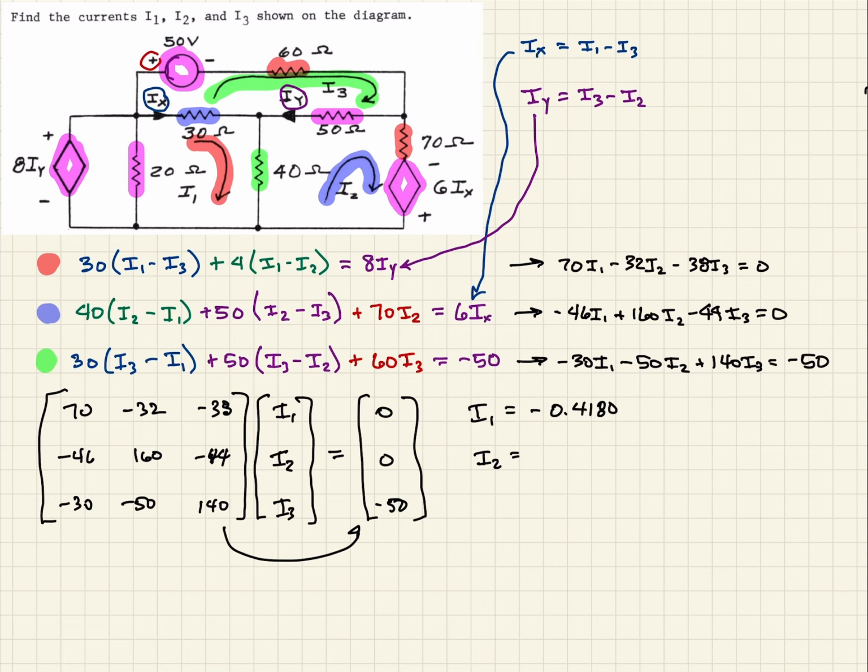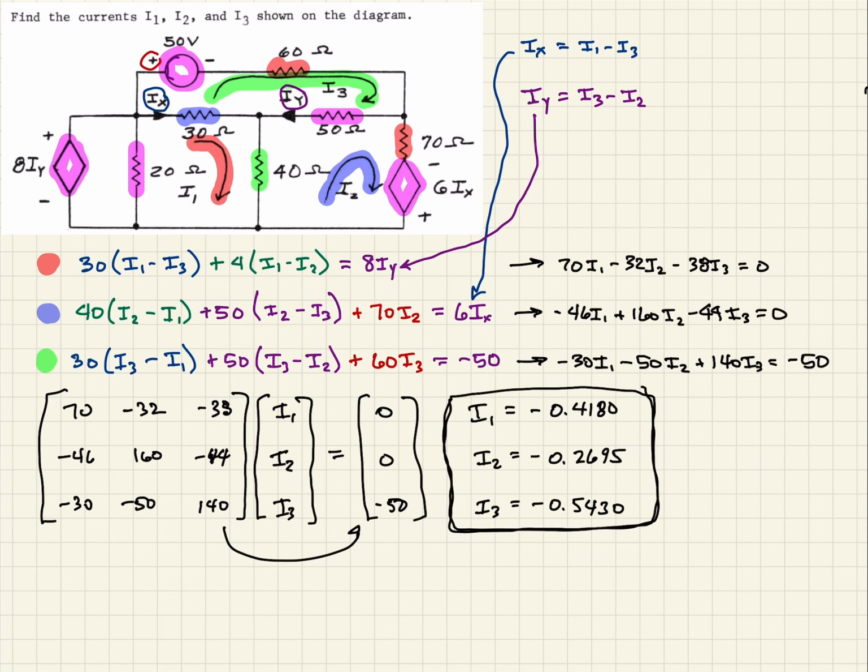I2 would be equal to negative 0.2695. And then I3 is going to be equal to negative 0.5430. So this is what they asked us for, to solve for these mesh currents.